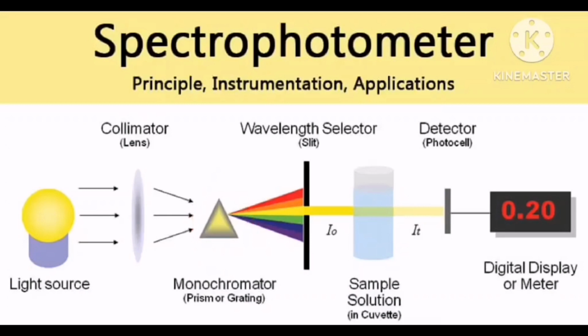We also have the sample solution placed in a cuvette or glass tube sample holder. And of course, we have the slit that provides us a narrow image of the radiation and selects the desired spectrum of the light emitted. And last but not least is the digital display or meter where the readings appear.